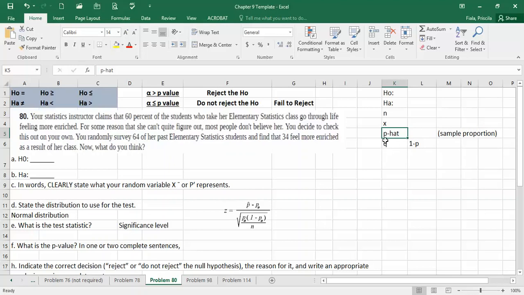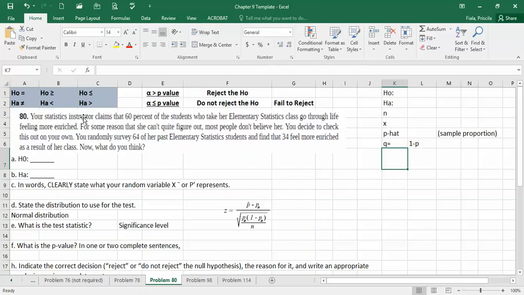And then your q is what they call the failures, which is 1 minus your success, which determines the percentage of failures. So let's go over the problem, so all this should make a little more sense.